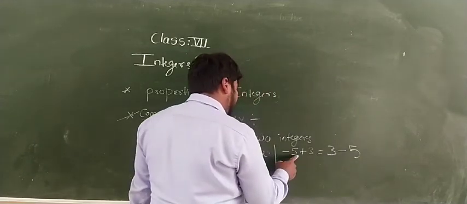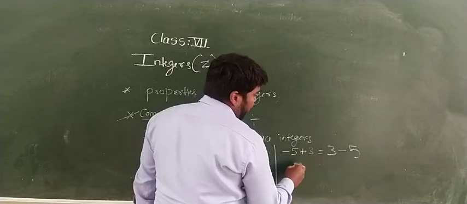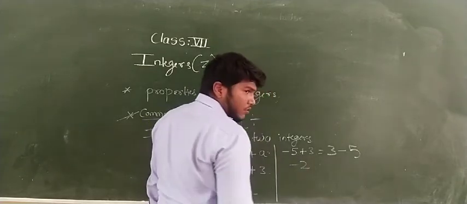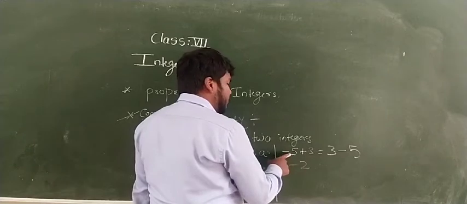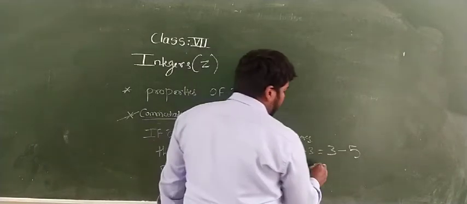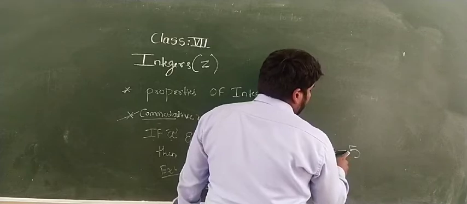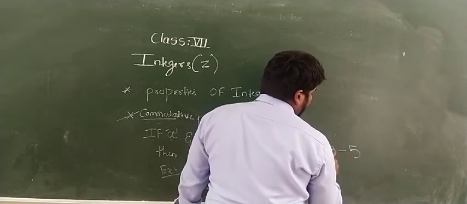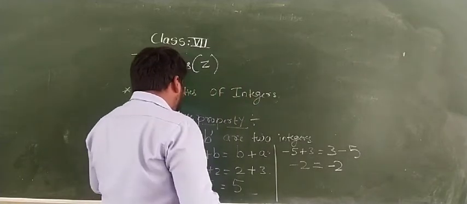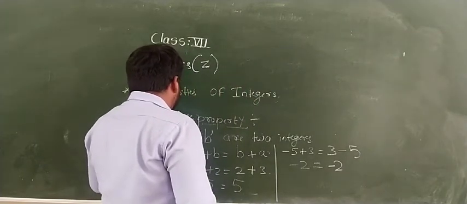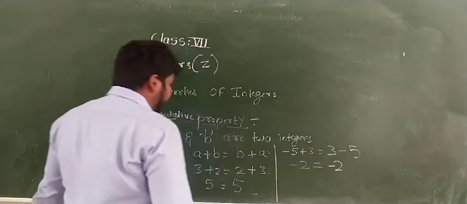So minus 5 plus 3 is equal to minus 2. Okay, so 5 minus 3 is 2. By seeing the greater number's sign, we keep minus 2, which is equal to 3 minus 5. So 5 minus 3 is again 2, which is equal to minus 2. So commutative property holds good for addition also.